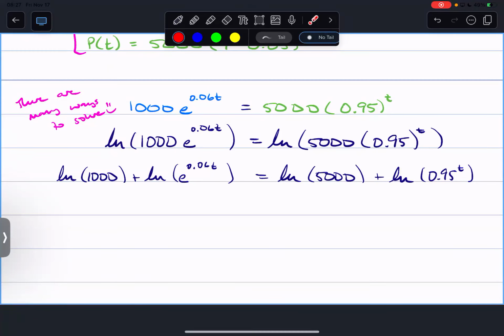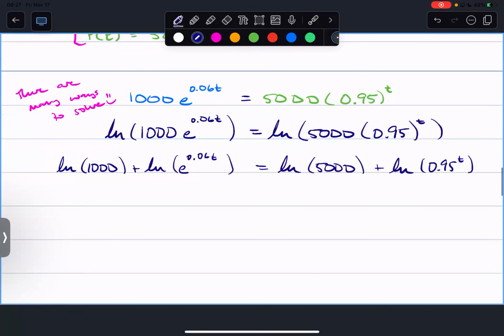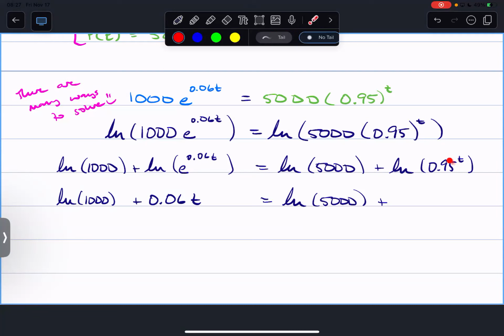Okay, I'll keep it here for just a little bit longer. Now I can bring this t downstairs. The natural log of 0.95 doesn't go anywhere, it's just a number.